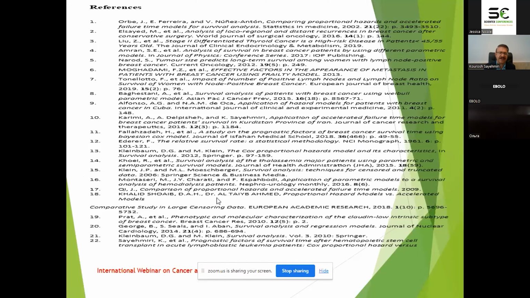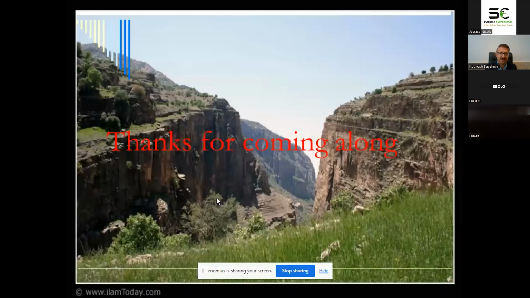In conclusion, for analysis of data, at first we should check the PH assumption. If the PH assumption is met, it is better we use Cox models. But when the PH assumption is violated, we cannot use Cox PH models, and we strongly recommend AFT models.